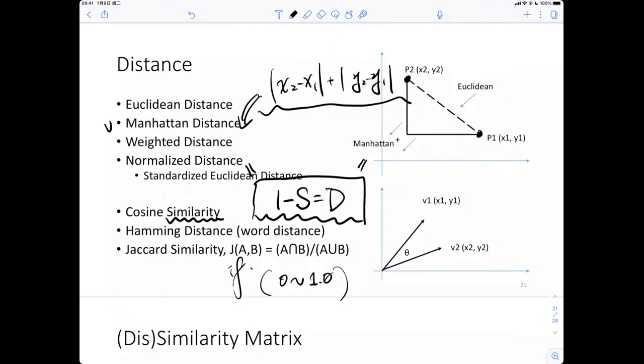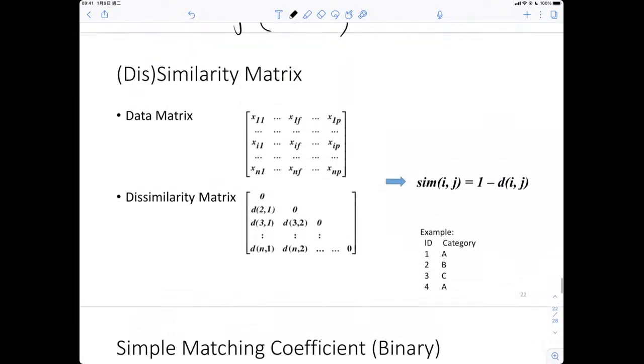Of course, there are several other distances. We will discuss those distances or similarities much later, in different algorithms. Okay, so usually we can draw a similarity or a distance matrix.